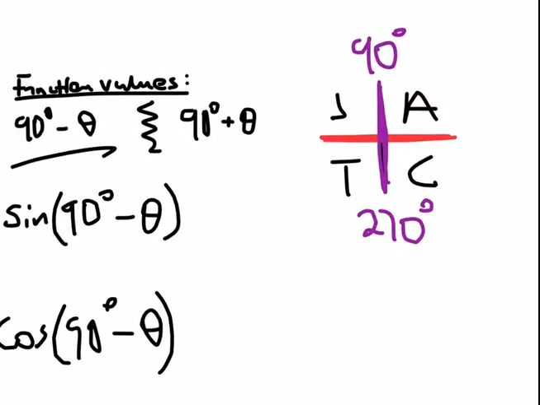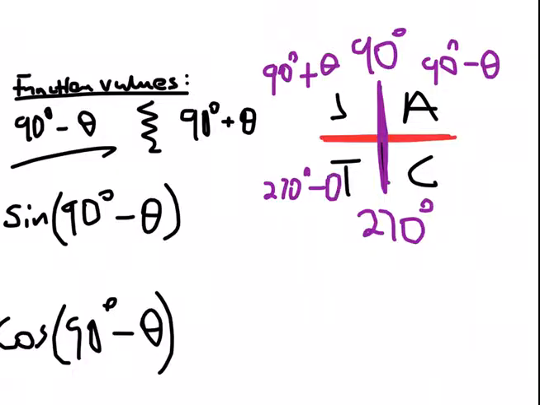Obviously, 90 degrees minus an angle will be an angle that falls in the first quadrant. But if it's 90 plus, it will be an angle that falls into the second quadrant. And I'm pretty much sure that you can already see that if it's 270, then it has to be minus so that it falls in this quadrant.